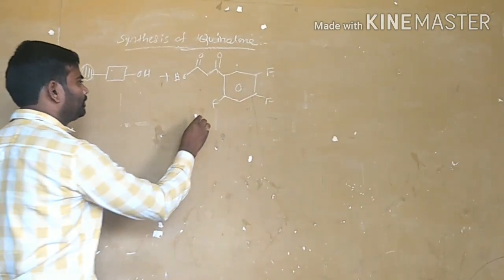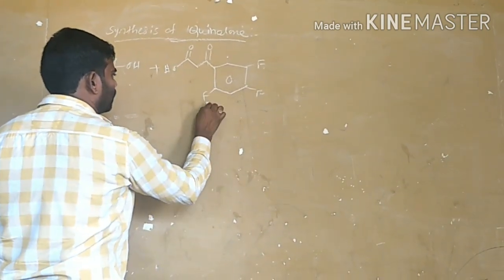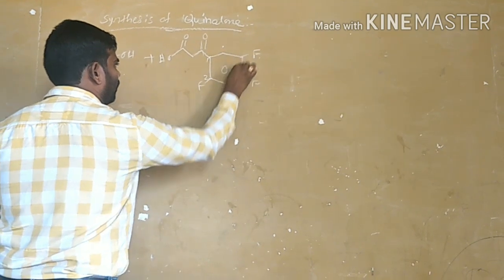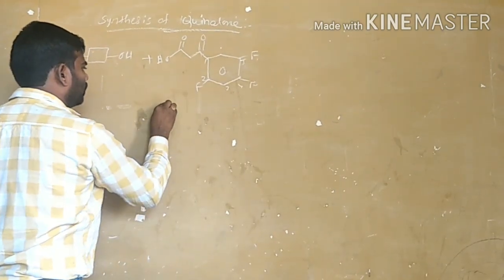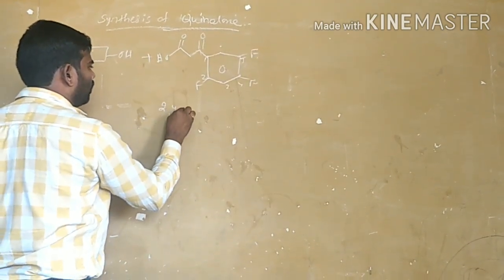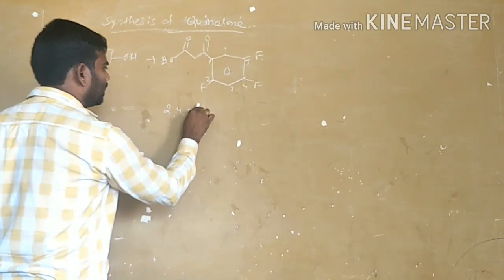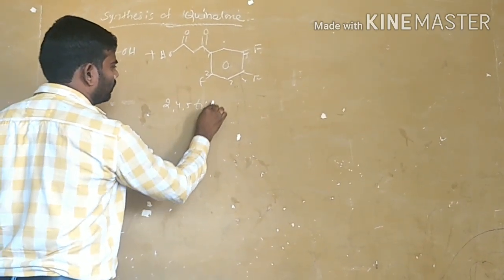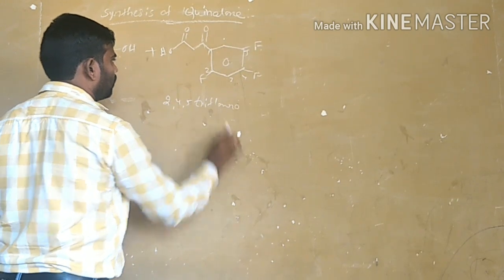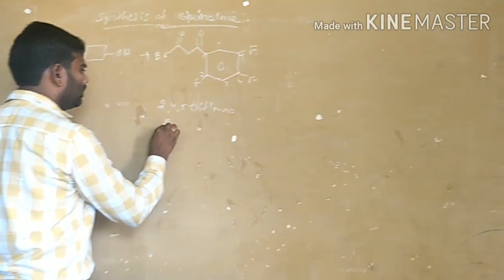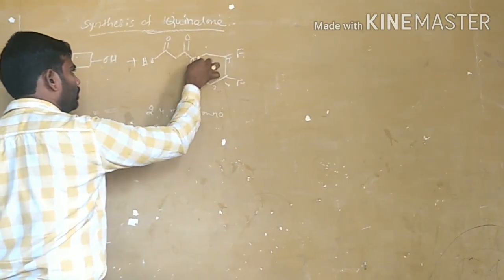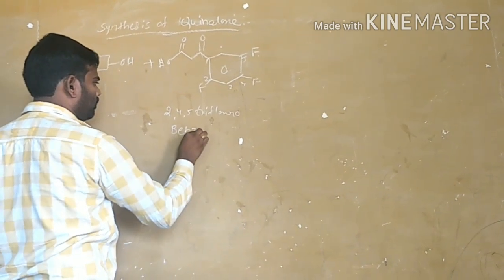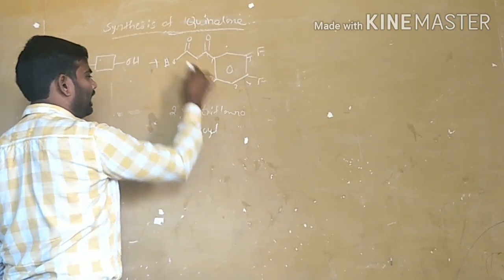this, 1, 2, 3, 4, 5, 2, 4, 5 trifluorobenzoyl. This is a benzoyl group, benzoyl acetic acid.